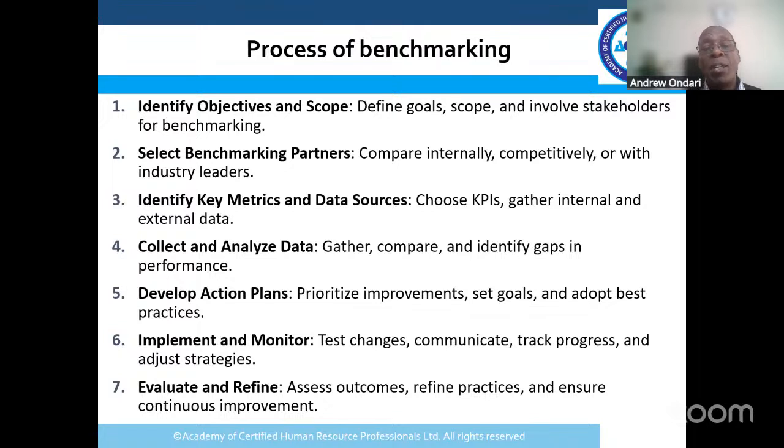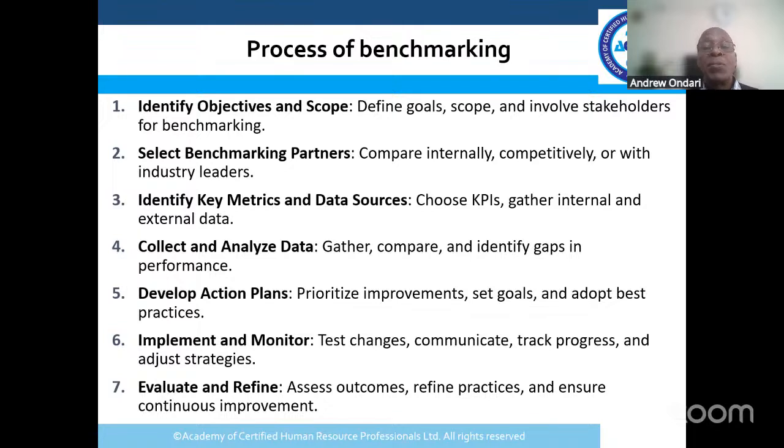So when you do benchmarking, you need to identify those specific and measurable areas that will give you a measure of why those successful organizations are succeeding.